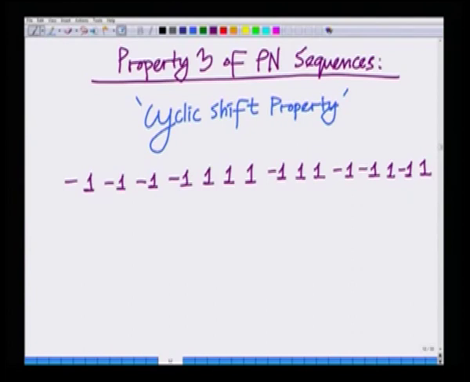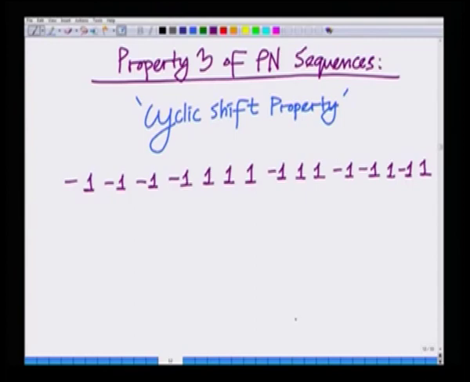So, this is the PN sequence that we have.